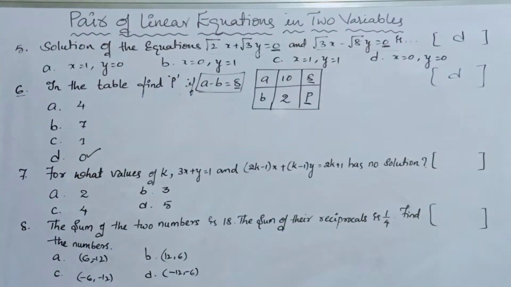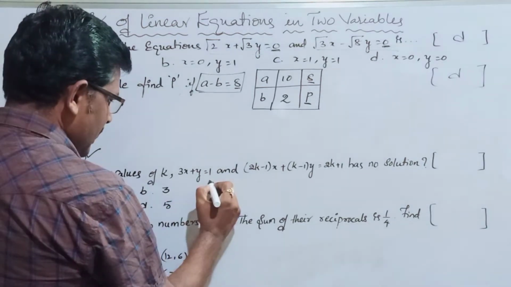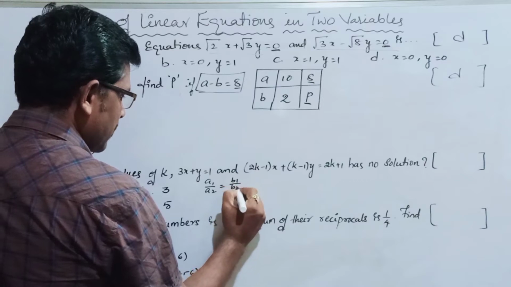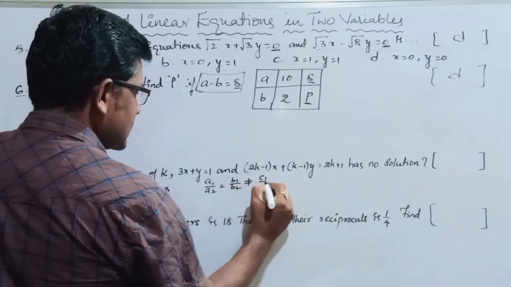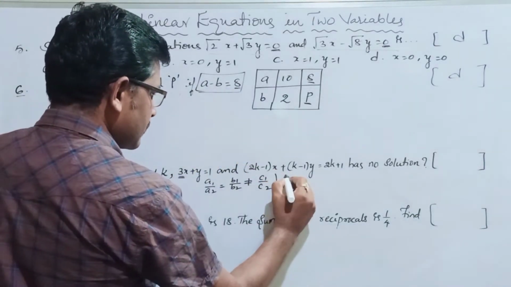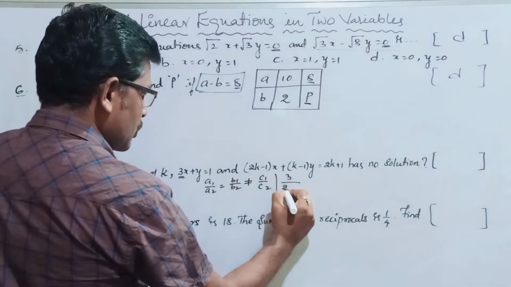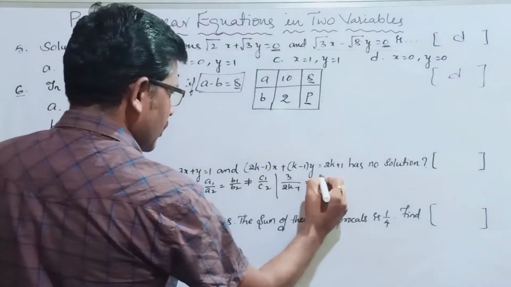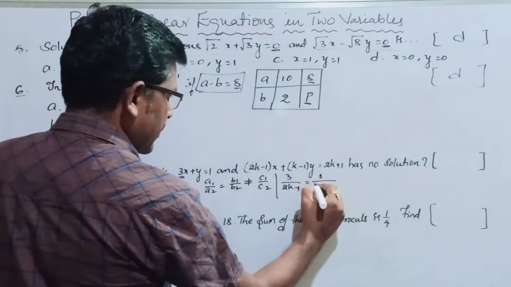No solution means ఇందాక మనం చెప్పుకున్నాం కండిషన్ a1 by a2 is equals to b1 by b2 is not equal to c1 by c2. సో ఇక్కడ కండిషన్ ఏంటిది? a1 by a2 is equals to b1 by b2 is not equal to c1 by c2. Let's say a1 అంటే ఏముంది ఇక్కడ? 3 by a2, 2k minus 1, then is equals to b1 here 1 by b2, k minus 1.